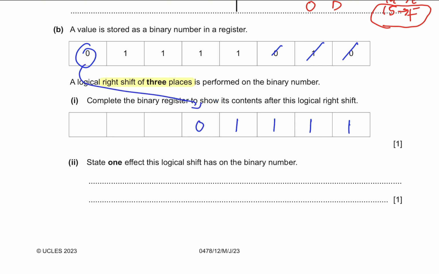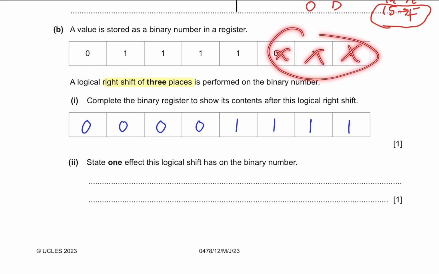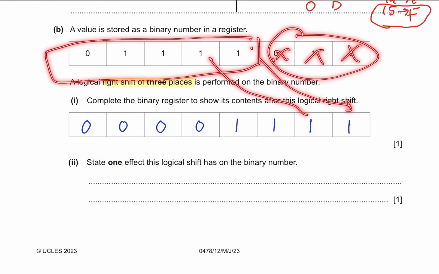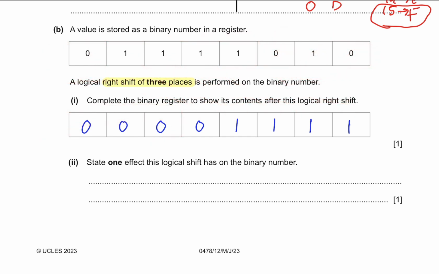So 0 0 0 and 0. This should be your answer. Since you are removing 3 numbers from the right hand side, logical right shift means these 3 numbers will be removed, and then your answer will start from here. So 1 1 1 1 0, and then on the left hand side 3 zeros will be added.